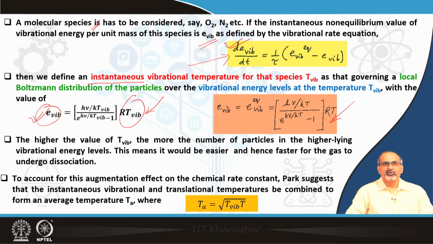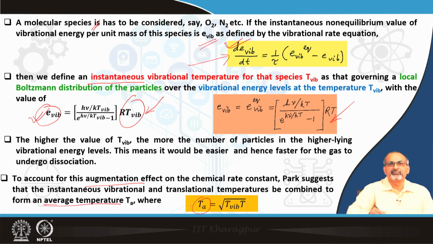To account for this augmentation effect on the chemical rate constant, Park suggests that the instantaneous vibrational and translational temperatures be combined to form an average temperature.